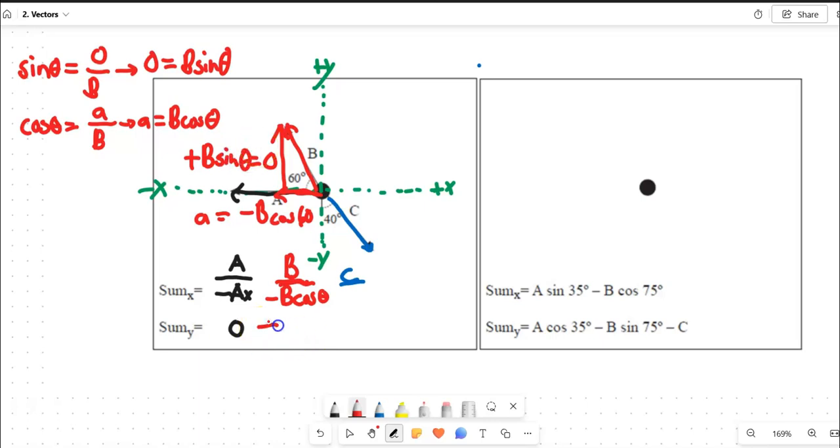So the y direction is pointing up, and this is the component, and I should put 60 degrees instead of theta in here. Let's fix that. So this is 60 degrees, and this is 60 degrees. We already have it here, so this is 60 degrees, which is the opposite side.